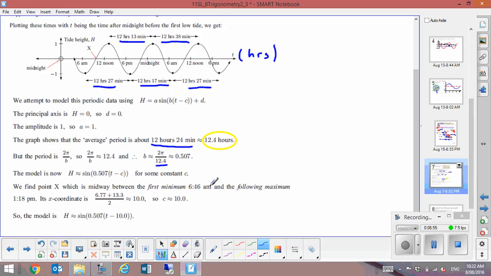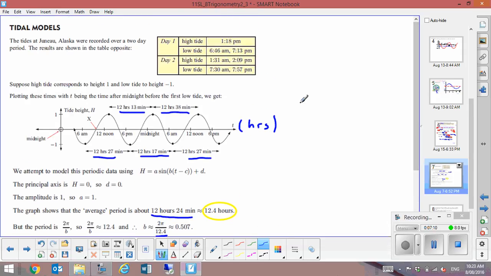So the first minimum was at 6:46 a.m. The next maximum was at 1:18. So they've just taken the midway point between those two to see when it's on the principal axis. So that's midway between 6:46 for the first low tide and then the first high tide.